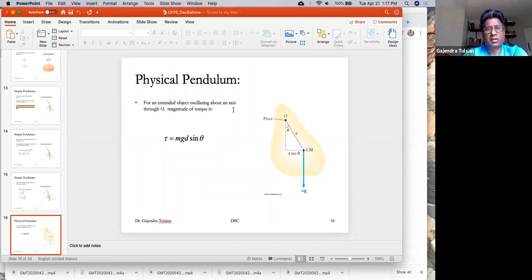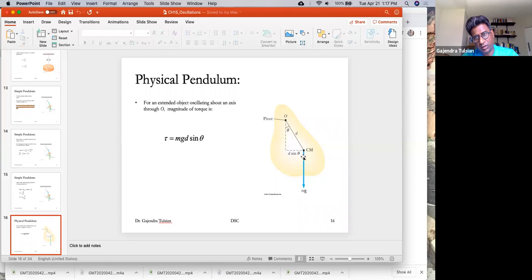All right, so next we'll talk about the physical pendulum. A physical pendulum is any solid object that's nailed at a point, so it can oscillate about that point. The only point you can't nail it is at the center of mass. If you nail the object at the center of mass, then it won't oscillate.